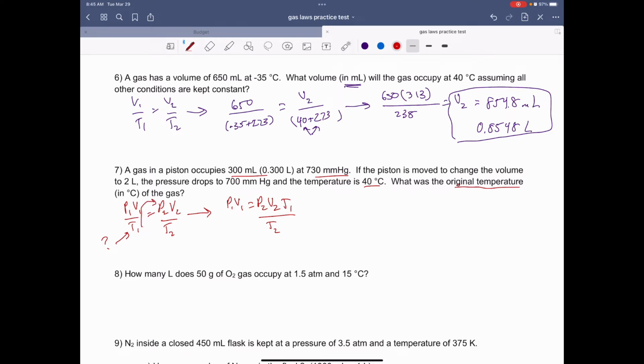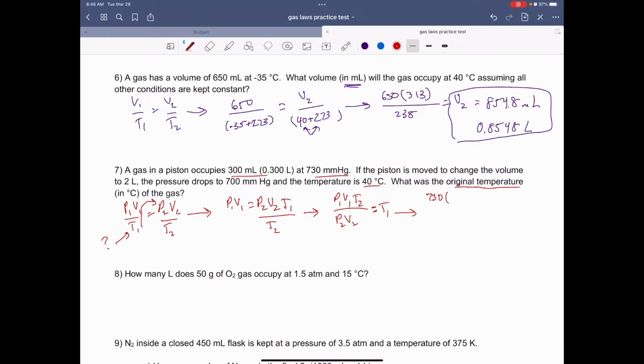And then I got T1 alone, so I'm going to multiply both sides by T2 and then divide by P2 V2. I'm going to combine a couple steps because I'm already running out of space. So it's P1 V1 T2 all over P2 V2. That's going to equal T1. And now I can just solve. P1 was 730.